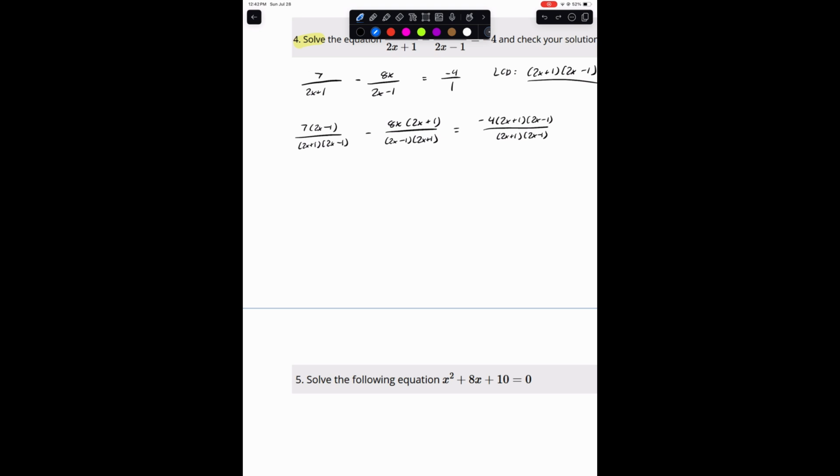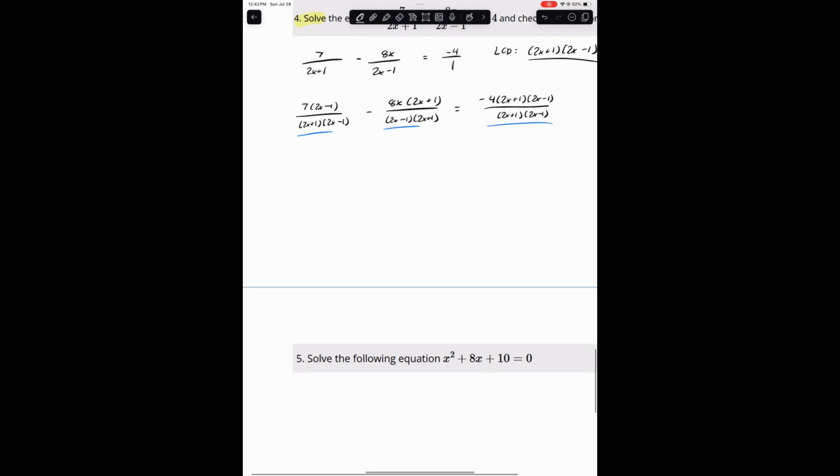Nah. Okay. So yeah, our denominators are the same. So we can just focus on the numerators. So we can just take only the numerators. So this one, this one, and this one. Because if all the denominators are the same, then all the numerators should equal each other, right?